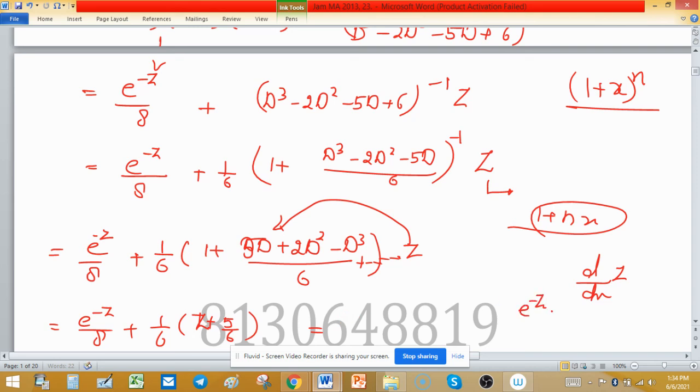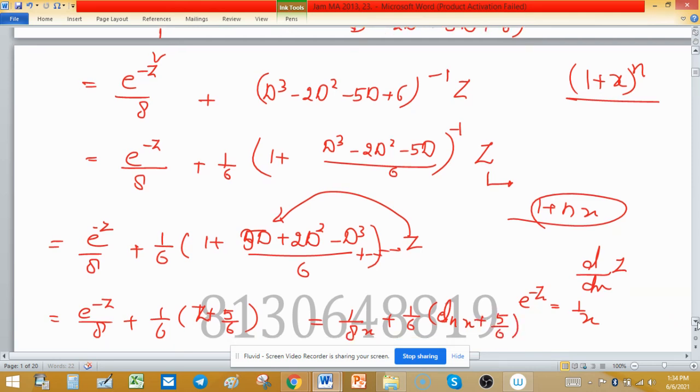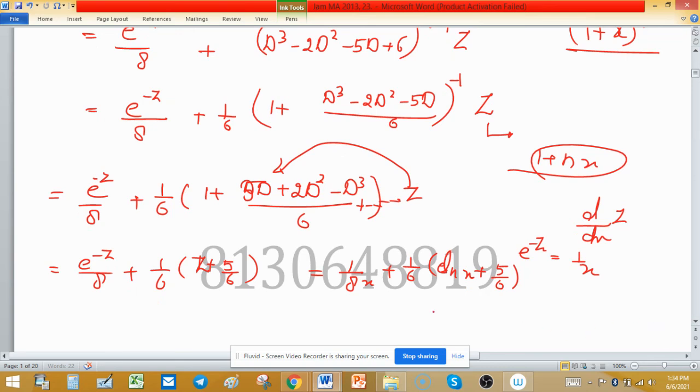E raised to the power minus z can be written as 1 upon x, as I use substitute here. So 1 upon 8x plus 1 upon 6, and z can be written as ln x plus 5 upon 6. So this is our particular integral. I can write again so you can see clear. ln x plus 5 upon 6. So this is the answer.